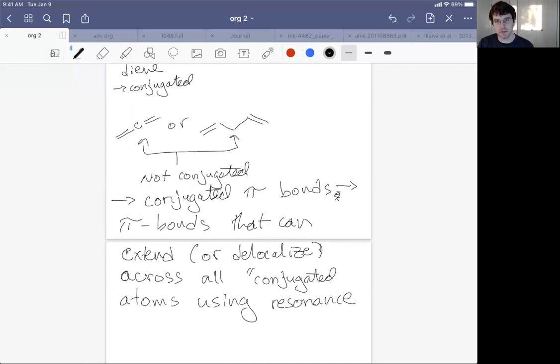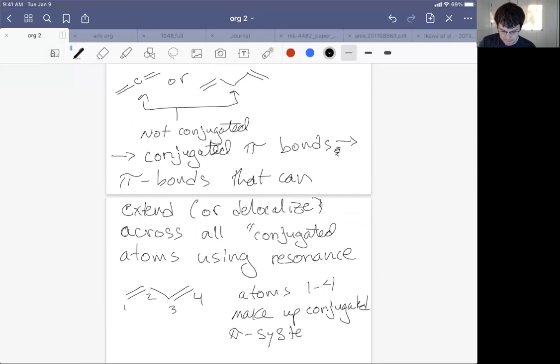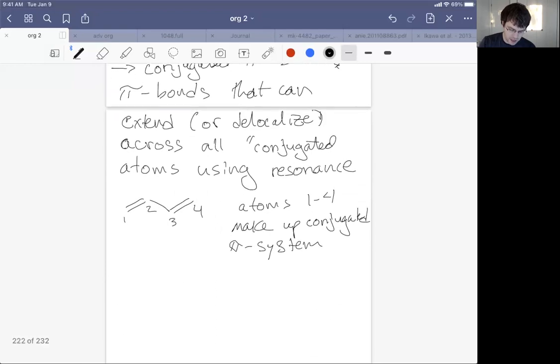Okay, so conjugated pi system is actually a little bit broader. What it's saying is that this is a conjugated molecule because it's alternating double bonds and single bonds. But if we count all of these atoms, 1 through 4 make up the conjugated pi system. That is to say, I could actually draw resonance structures that are more than just moving electrons over one space.